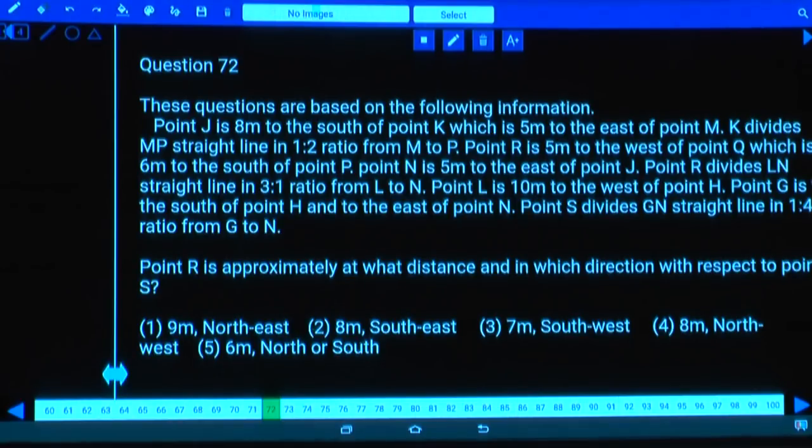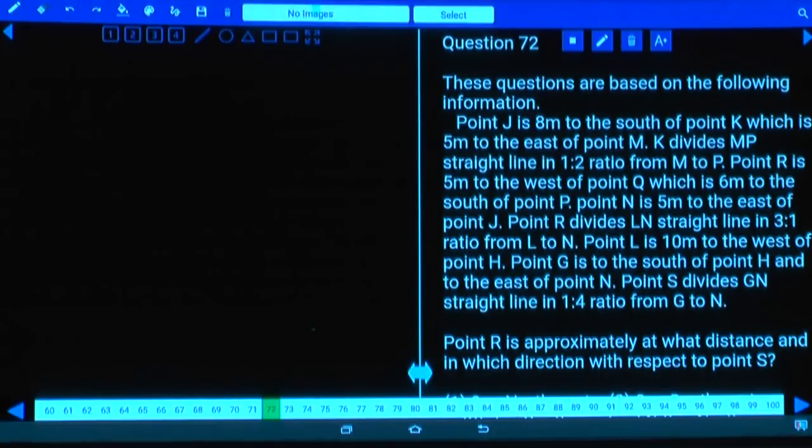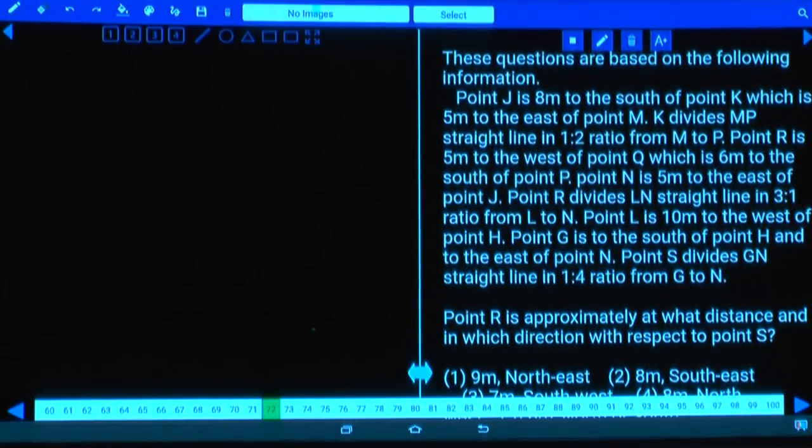Point J is 8 meters to the south of K. So the distance between J and K here is 8 meters.